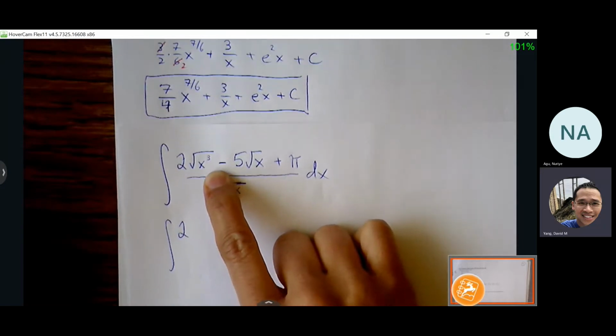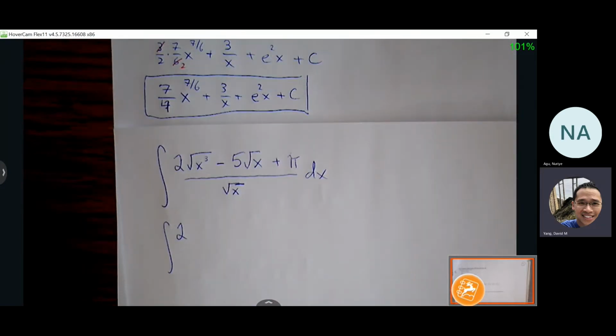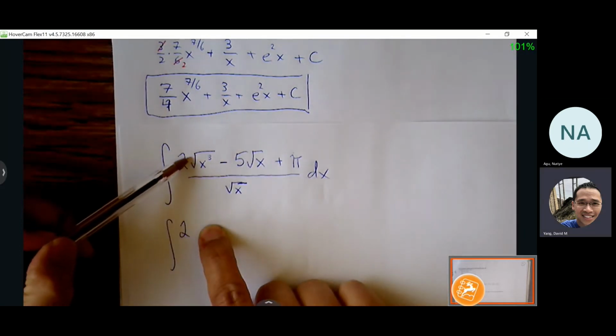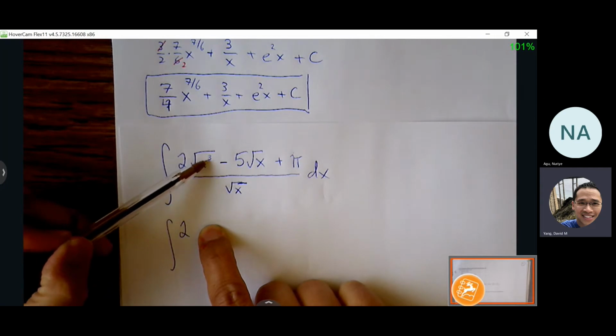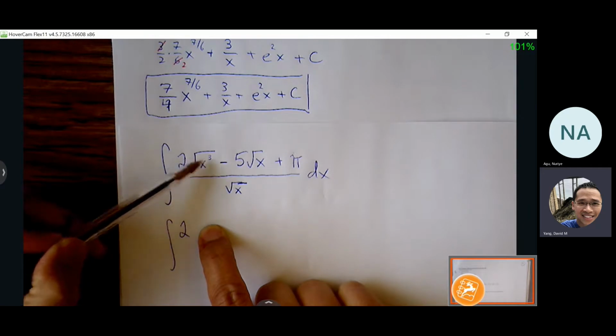Okay, how do we rewrite this square root of x cubed? What's the rational exponent for that? Good. All right, so there's a hidden 2 here. Just be careful, right? This is not 1/3. This is not just 3. This is not 2/3 either, right? It's 3 over 2.